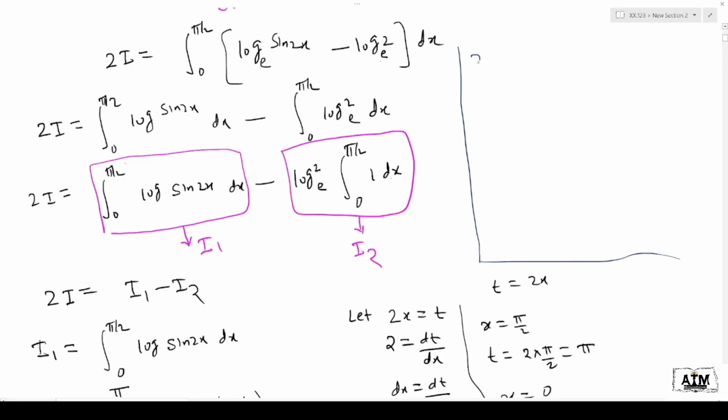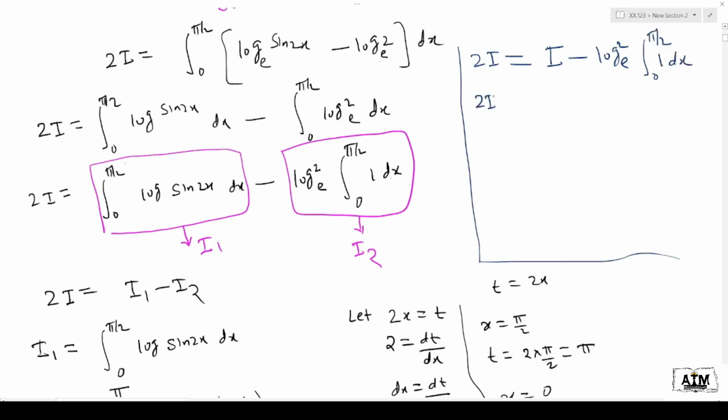Therefore we can write 2I equals I1, which equals I, so writing I here, and I2 is nothing but log 2 to the base e integral 0 to pi by 2 of 1 dx.